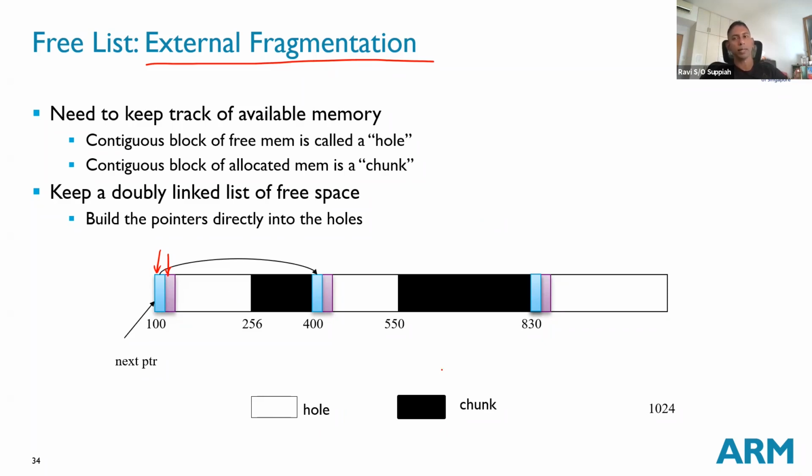So I need to keep track of where the memory that is available is, using a list or a pointer. In this case, the next pointer always points to the next available space, and the previous pointer points to the previous available space. So I can go back and forth to find the hole that is most suitable for me to use whenever a request comes in.